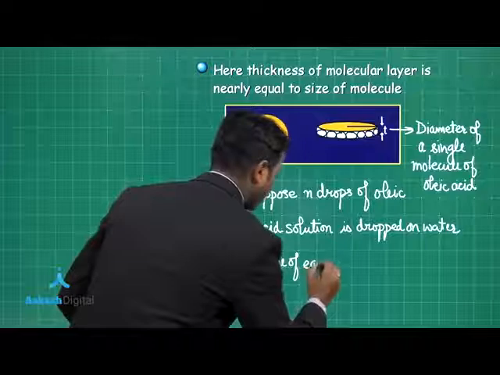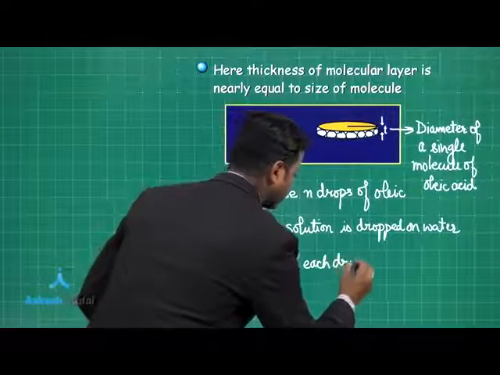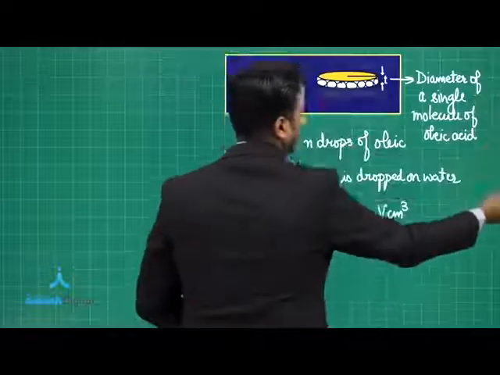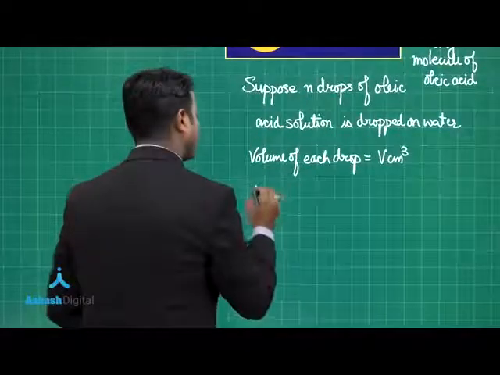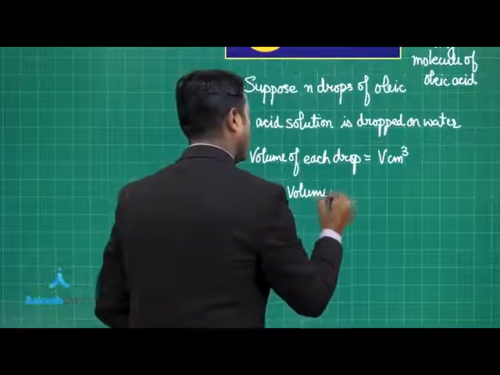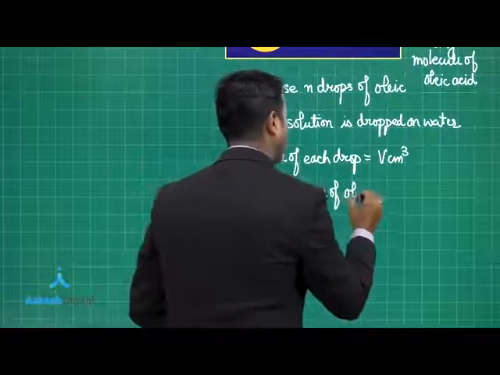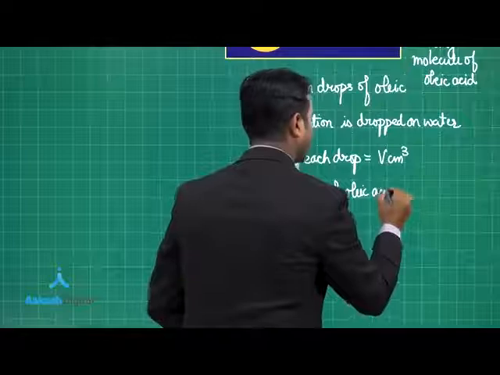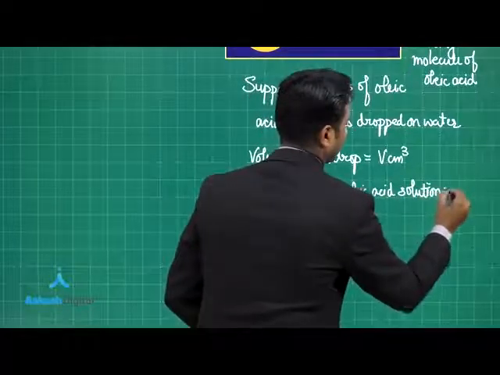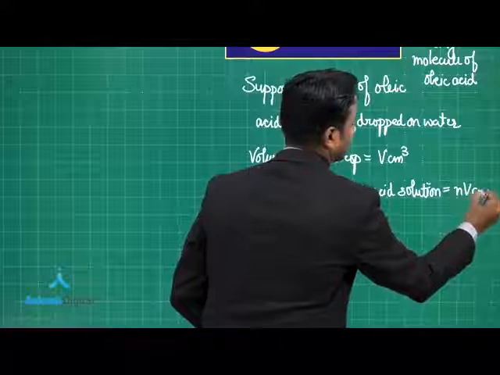Volume of each drop we can measure by different methods. Volume of each drop is V centimeter cube and n drops are being dropped. So total volume of oleic acid solution is equal to NV centimeter cube.